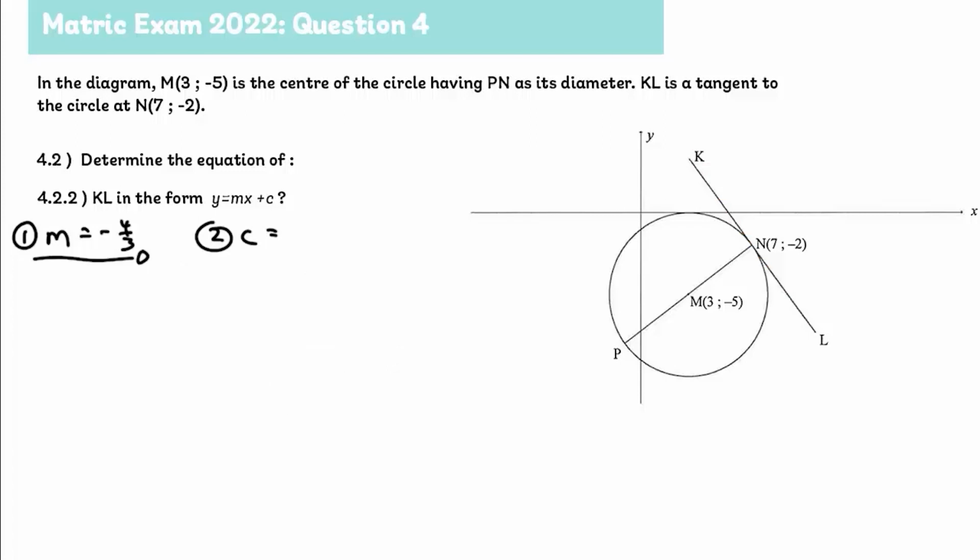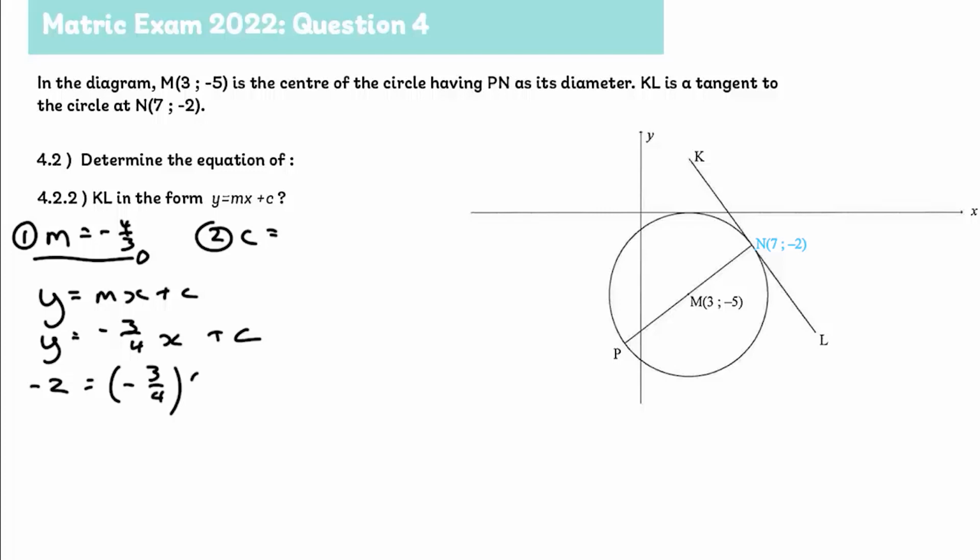So the next thing we need to figure out is what's the value of c. So let's just start off with what we're given, mx plus c. What have we worked out? That the gradient is minus 4 over 3, so y equals minus 4 over 3 x plus c. What we're also given is the x value. So the x value at N, we can take that, and the y value is minus 2, equal to minus 4 over 3 times the x value, 7, plus c.